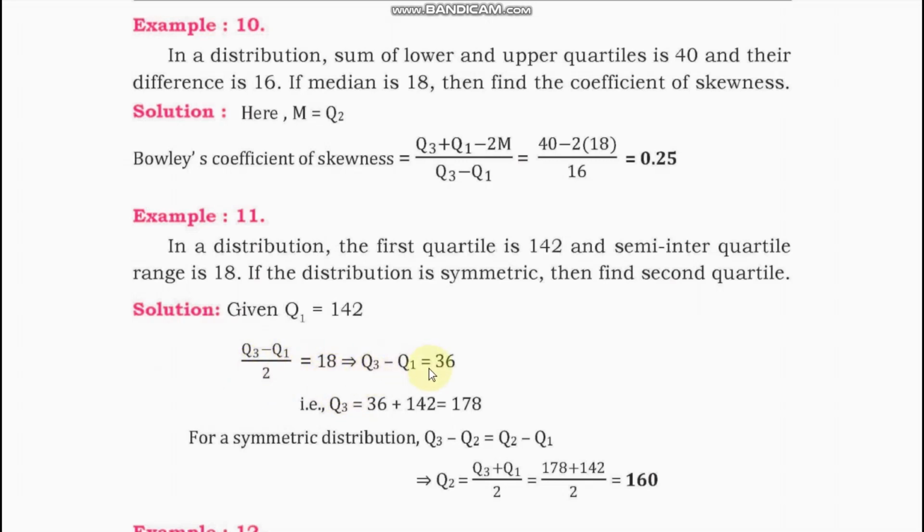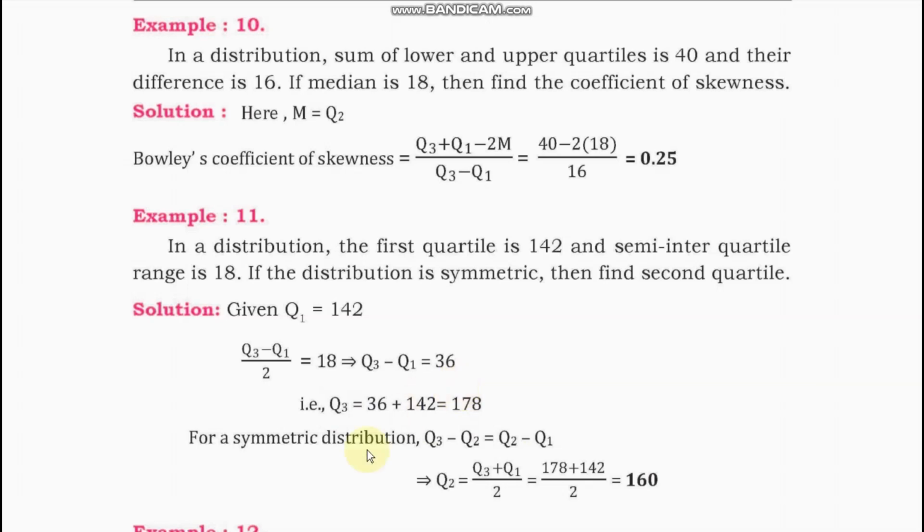Therefore Q3 minus Q1 is equal to 36. Now the Q1 value here is 142. So take this Q1 this side, it becomes Q3 is equal to Q1 plus 36. So Q3 is equal to 36 plus 142, which is 178. So this is how we find out the Q3 value.